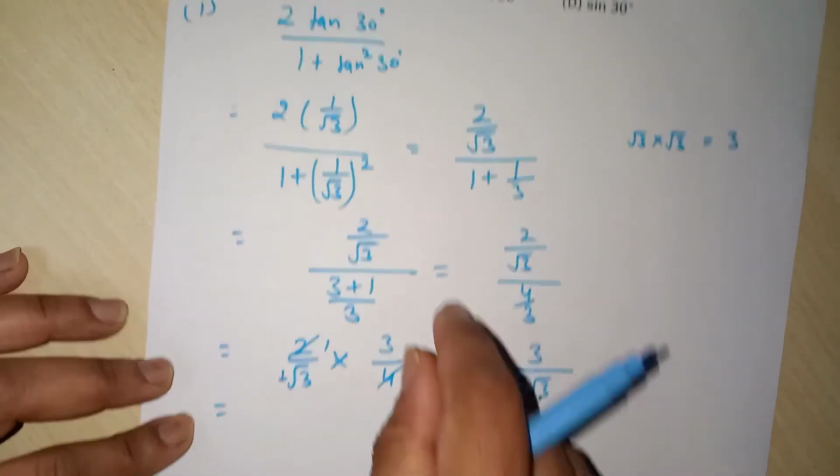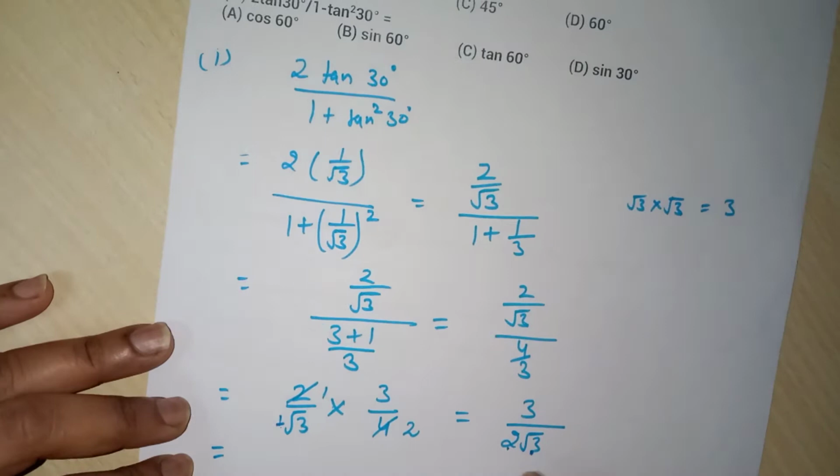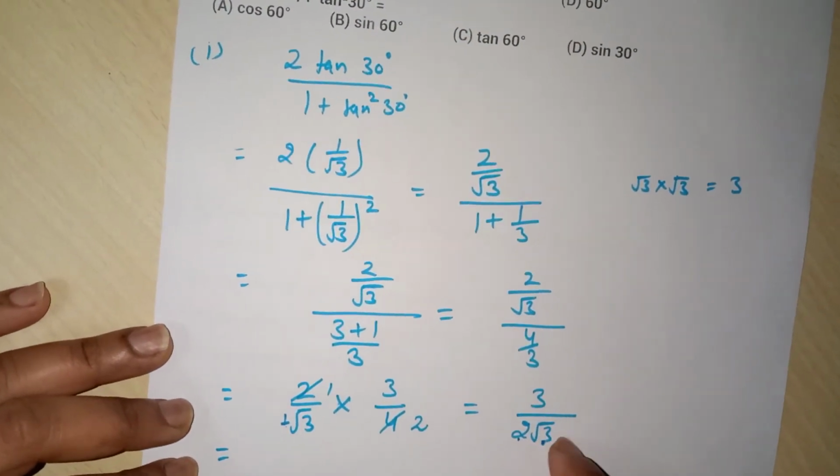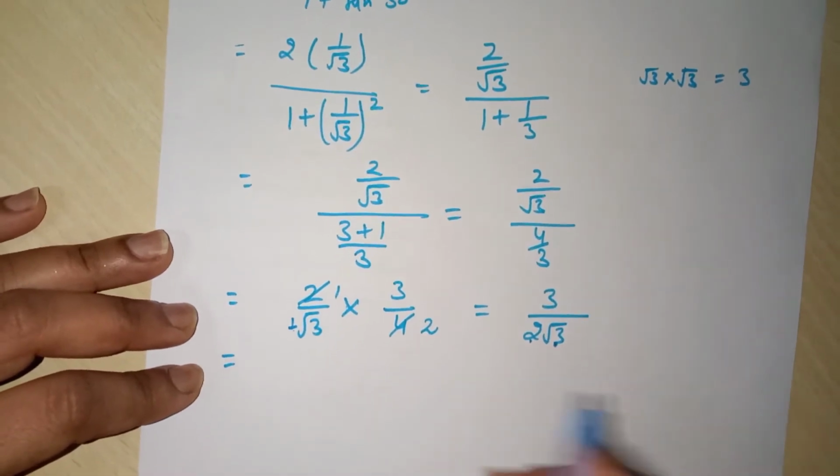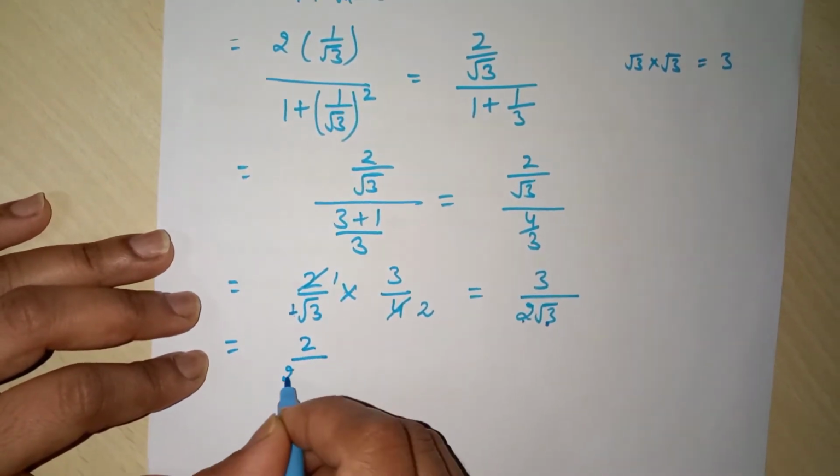Now we haven't reached our answer yet. So as I told you earlier, we have to remove the square root sign from the denominator. So what will we do?